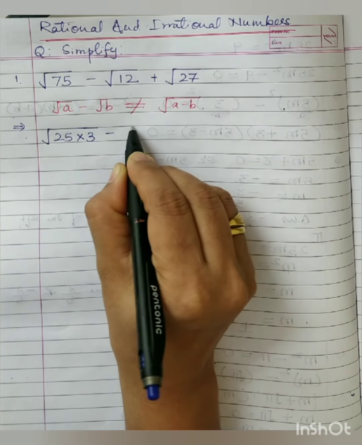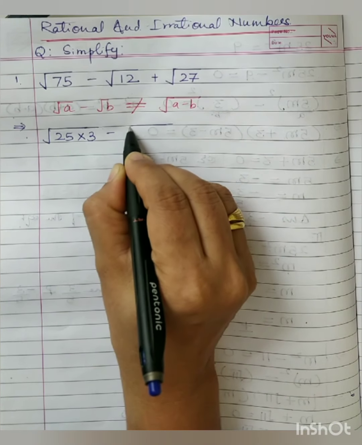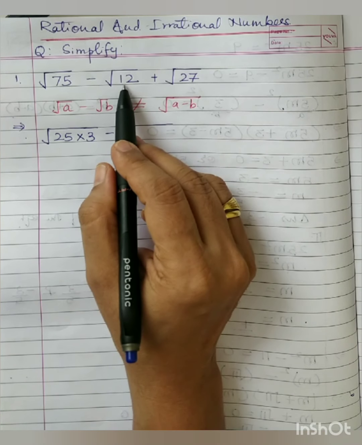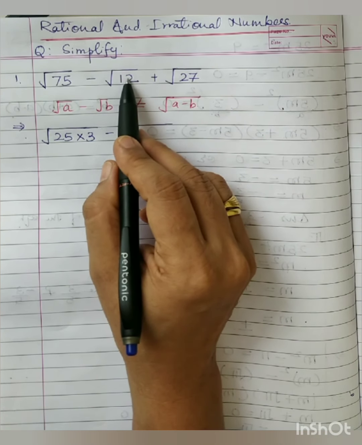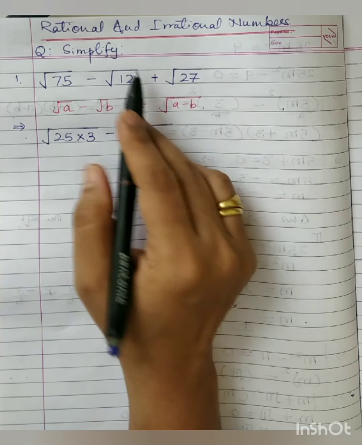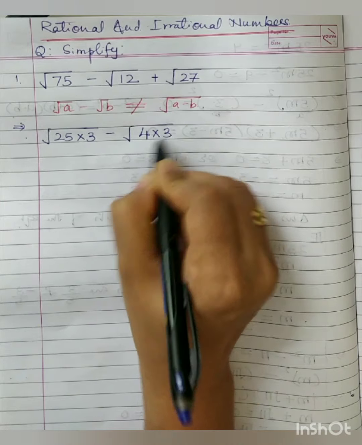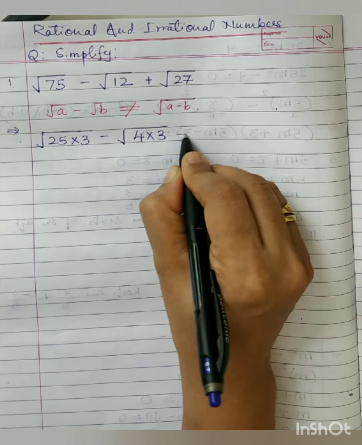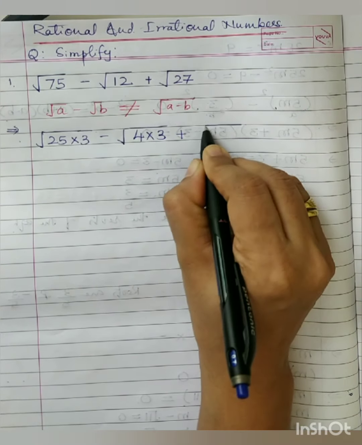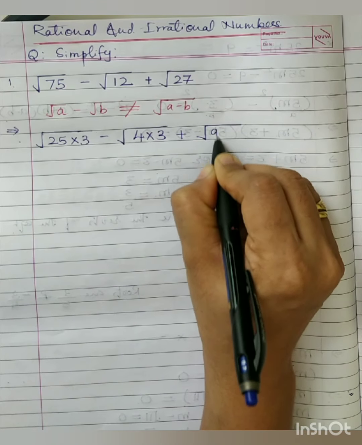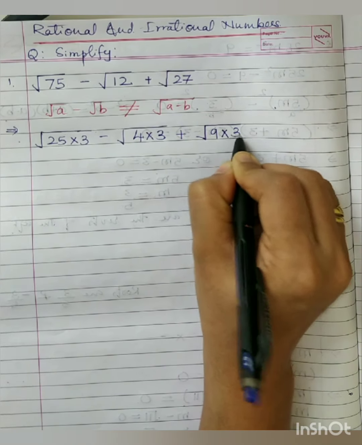Minus, same way for under root 12 also. Try to express it as a product of a perfect square factor and some other factor. So here also you get 4 into 3, out of which 4 is a perfect square, plus under root 27, guess what it is? 9 into 3.